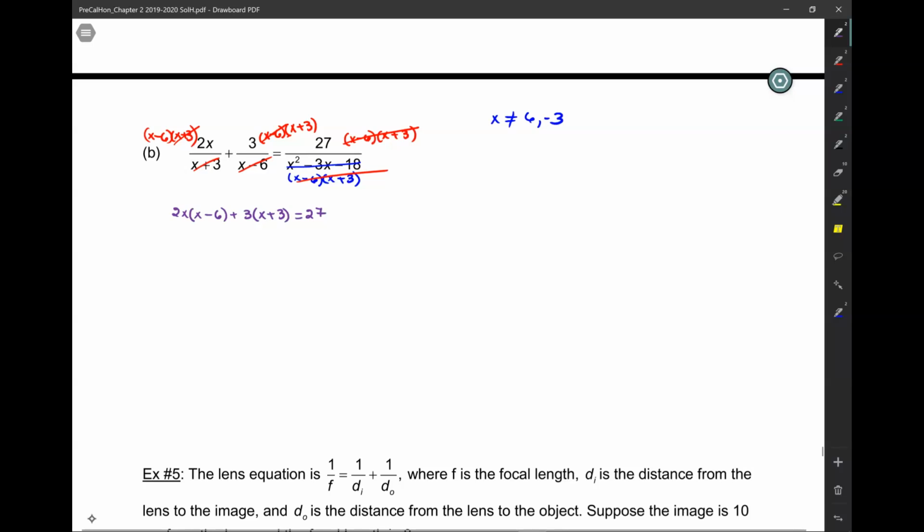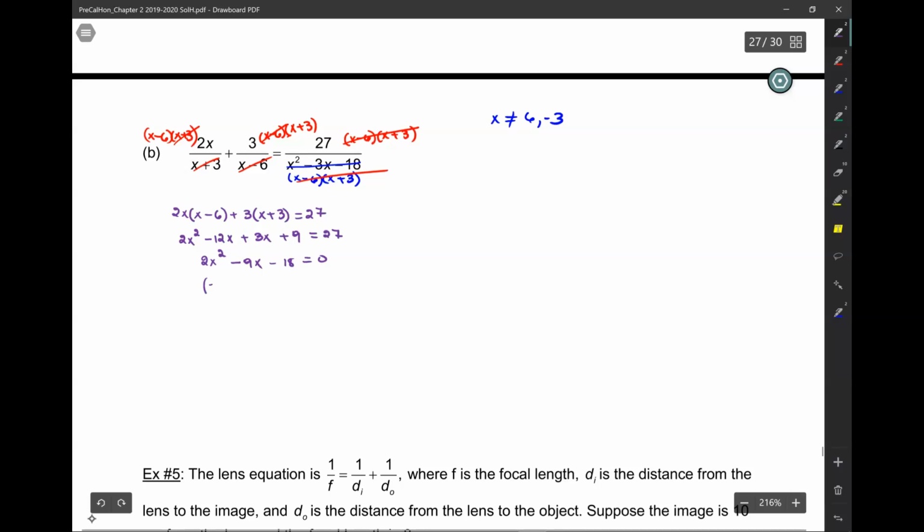So, distribute, distribute, distribute. 2x squared minus 12x plus 3x plus 9 equals 27. 2x squared minus 9x. And then if I subtract the 27, I get minus 18 equal to 0. This is factorable.